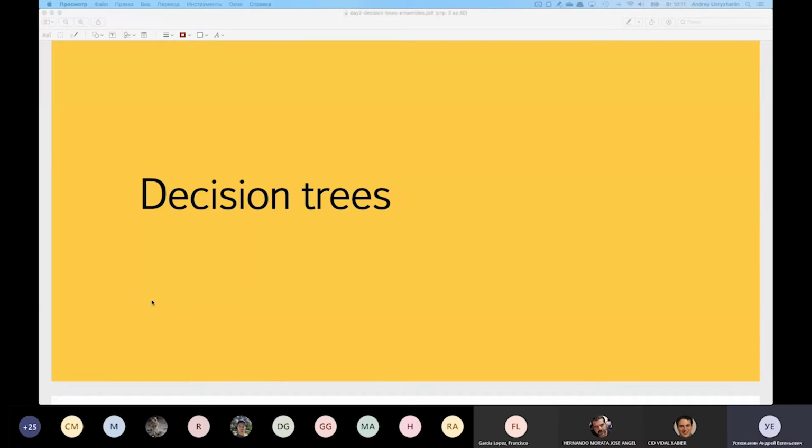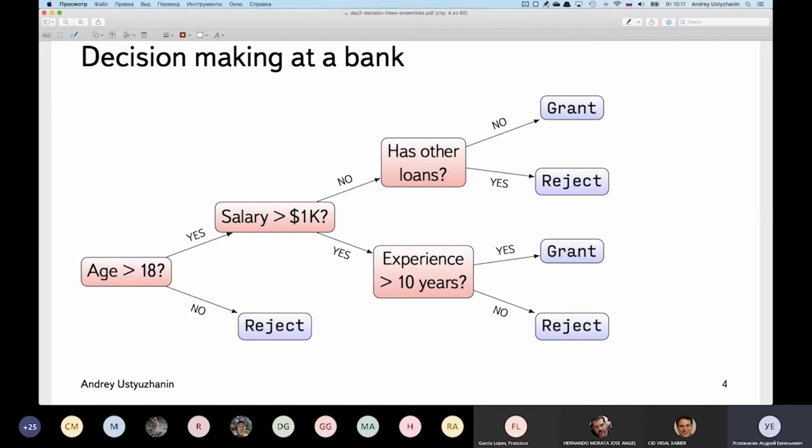Okay. So speaking of decision trees, it's quite an intuitive structure for making a decision. That's where the name comes from. So imagine you want to get a loan from a bank, and the bank has to somehow encode the rules for giving you this loan.